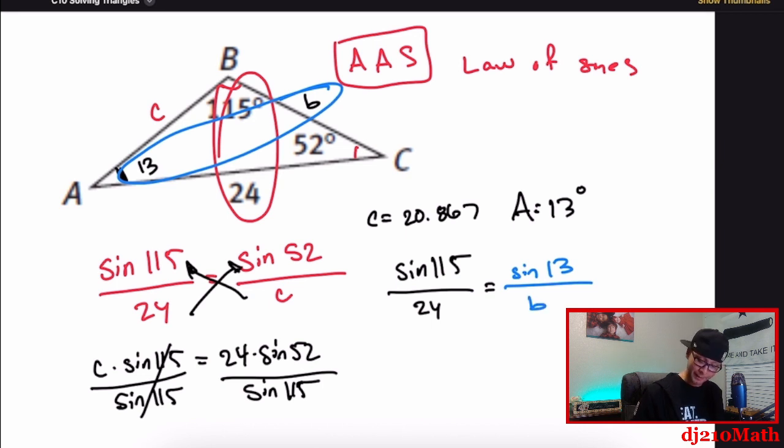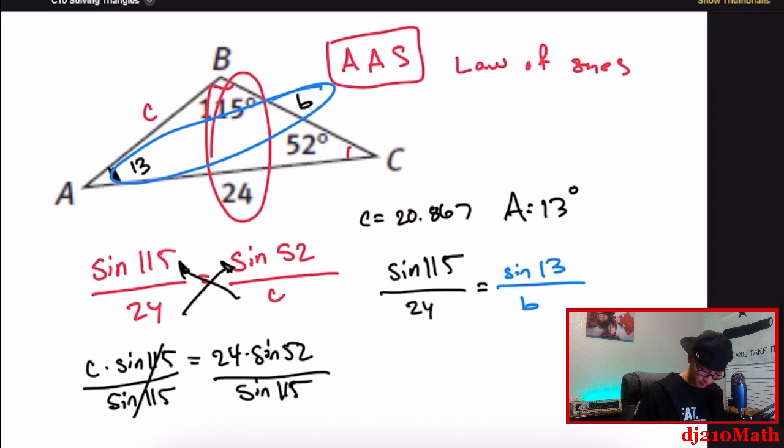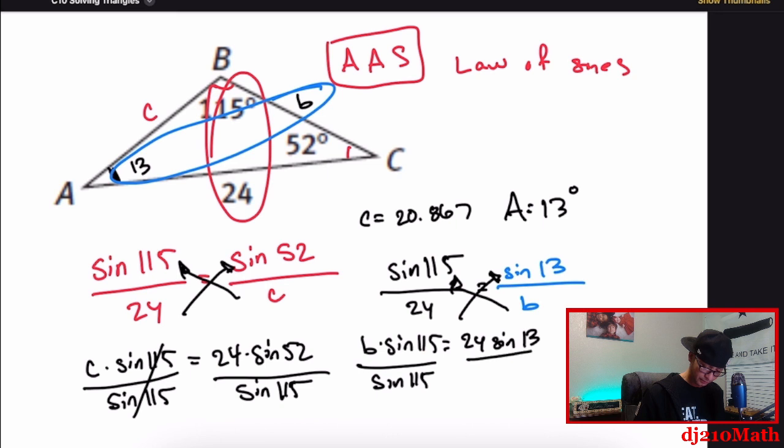All right, this is going to be cross multiply and divide, right? So cross multiply, little b times sine of 115 is equal to 24 sine 13. Isolating little b, divide both sides by sine of 115.